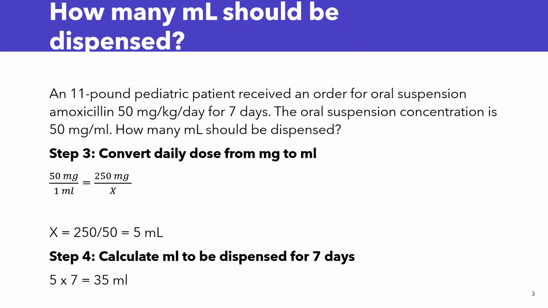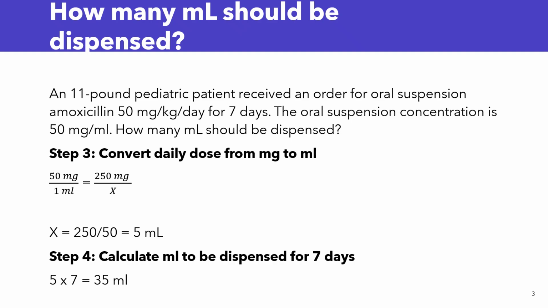So x then equals 250 divided by 50, and that's 5 ml. So now you have the daily dose in ml. So 250 is the daily dose in milligram, but because the question is asking for ml, we had to convert that. So 5 ml is the daily dose in ml.